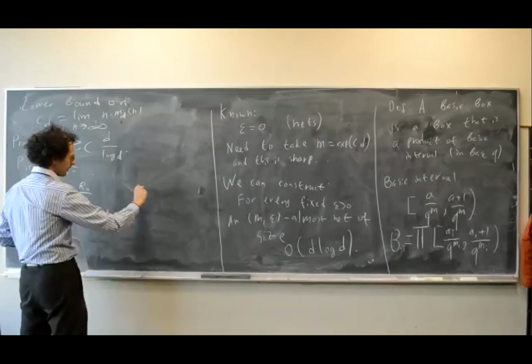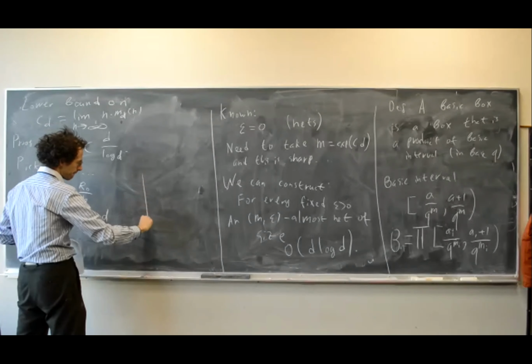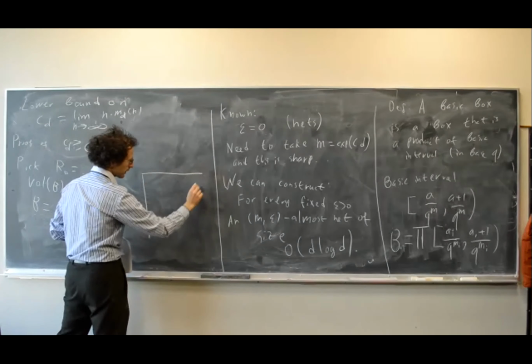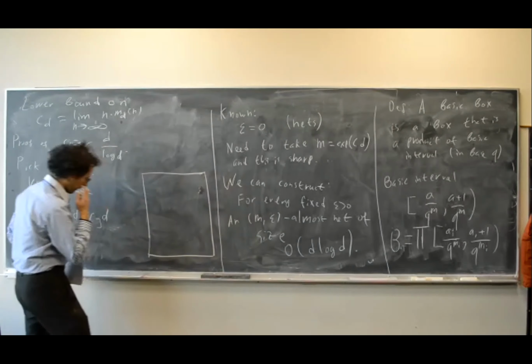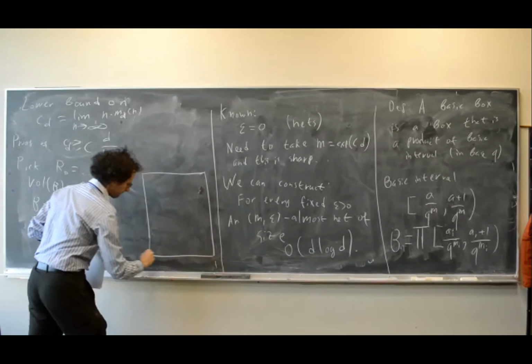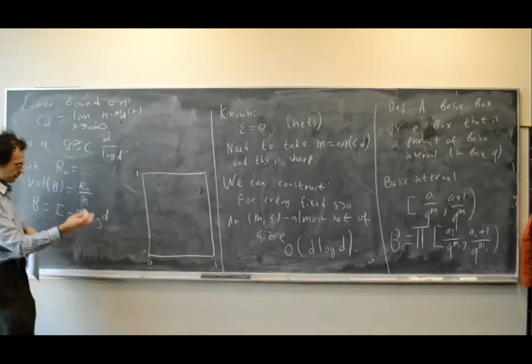So my picture, I'll draw a lot of boxes today. So this is my [0,1]^d, again, in the plane. And I want to look at the translates of this box. So I will be looking at things like this. So this is my B plus x, where x is this point.